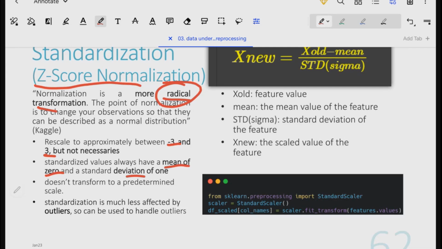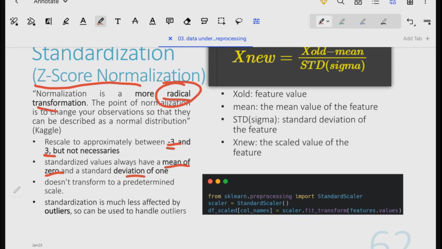So the mean should be 0 and the standard deviation is 1. Now, standardization doesn't transform to a predefined scale. If you would like to use a predefined scale, like 0 and 1, then you cannot apply standardization, because standardization, as we said, has output roughly between -3 and +3.